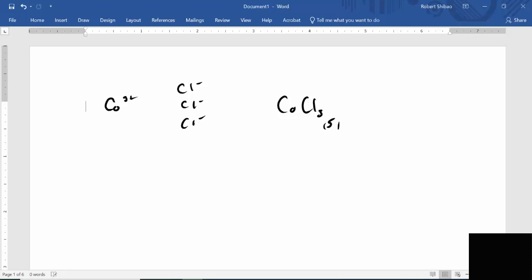This is a solid. And let's say there's some moisture in the air, H2O gas, like humid air. If you had dry air, there's no humidity and there's no water vapor in the air. But if you have water vapor, what happens is, what type of structure does cobalt 3 chloride adopt?